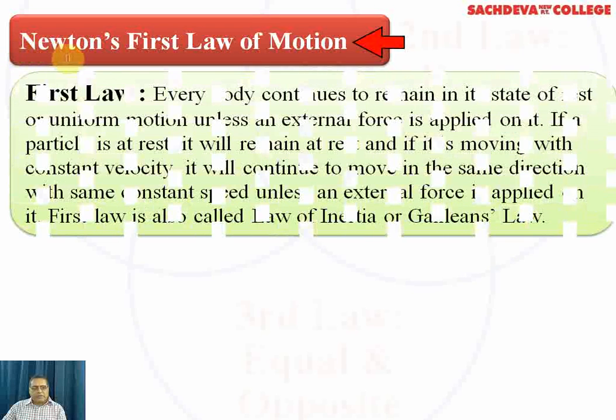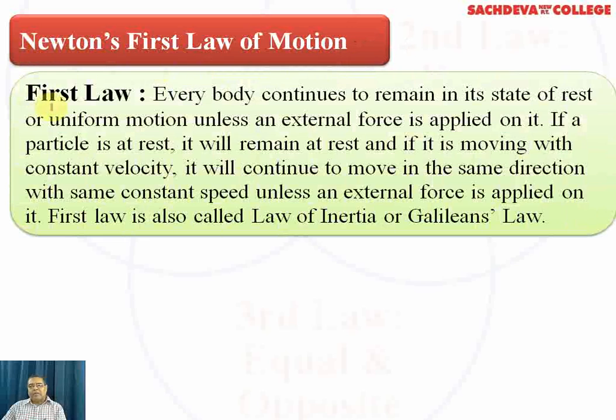Now we come towards the first law of motion. Everybody continues to remain in the state of rest or uniform motion unless an external force is applied on it. If a particle is at rest, it will remain at rest. And if it is moving with constant velocity, it will continue to move in the same direction with the same constant speed unless an external force is applied on it.